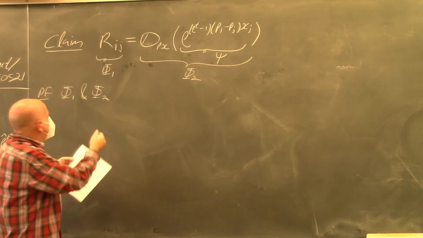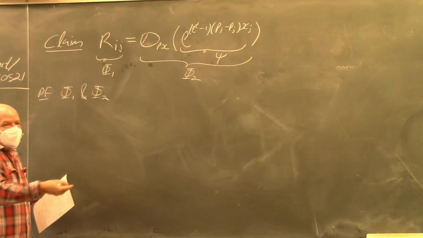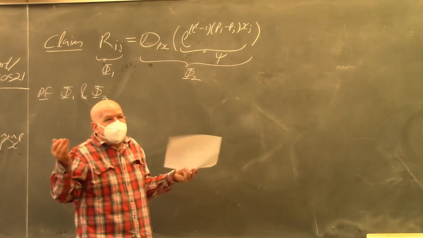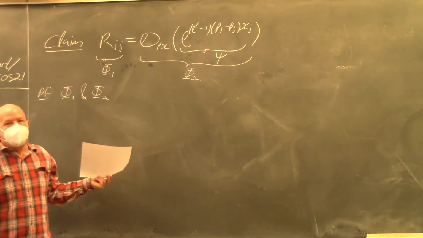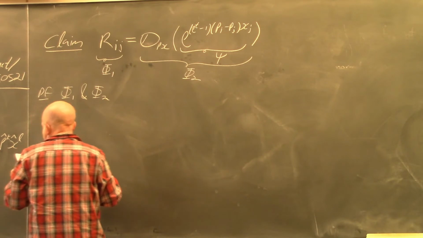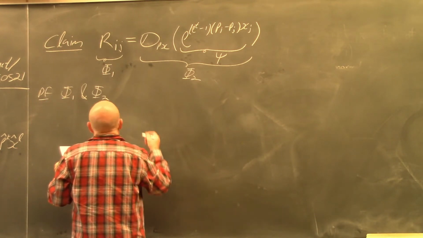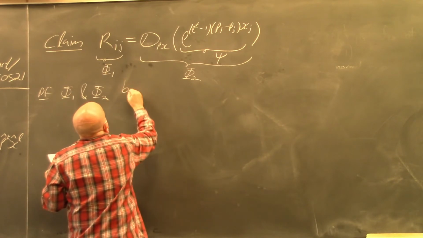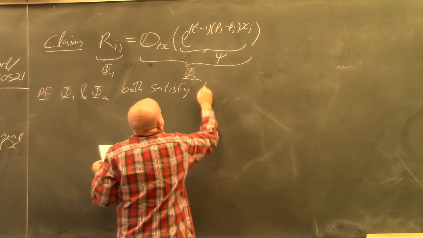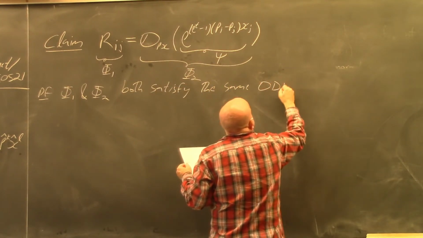Maybe it's technical, but these are techniques that we will need, techniques that we will use a lot. So, I don't know, surprise, right? We're doing knot theory, but we need differential equations. Okay? So we will say that phi 1 and phi 2 both satisfy the same ordinary differential equation.